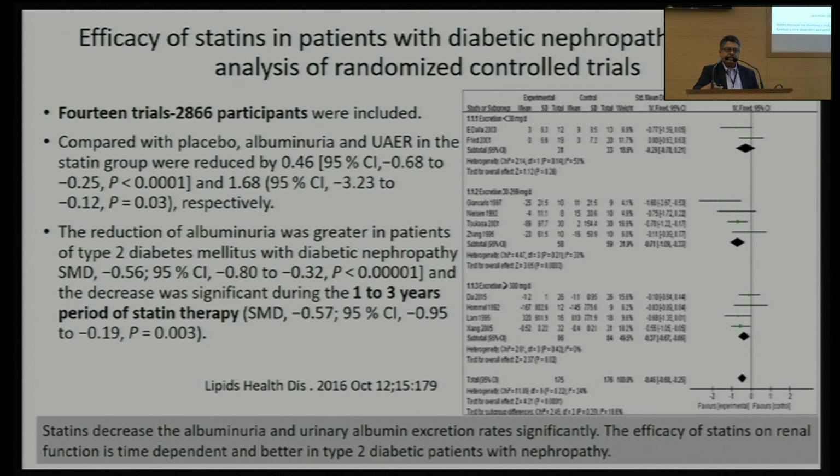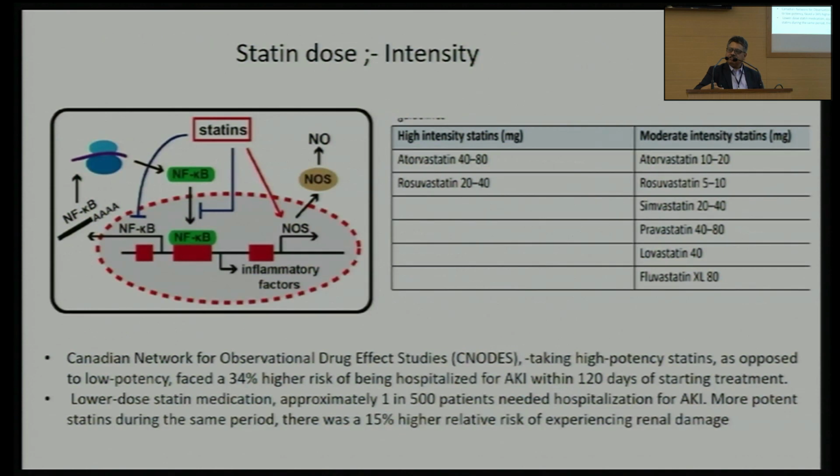So I think it should be used early if the lipid profile is abnormal, especially if there is any family history of CVD or symptoms; definitely it should be used.